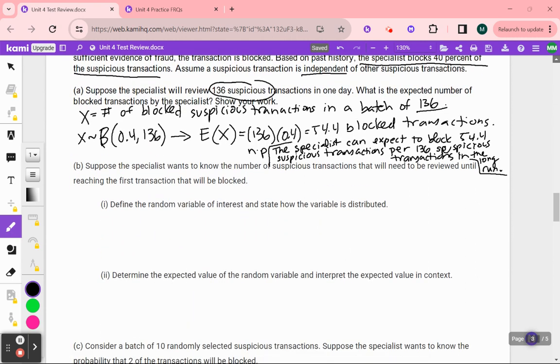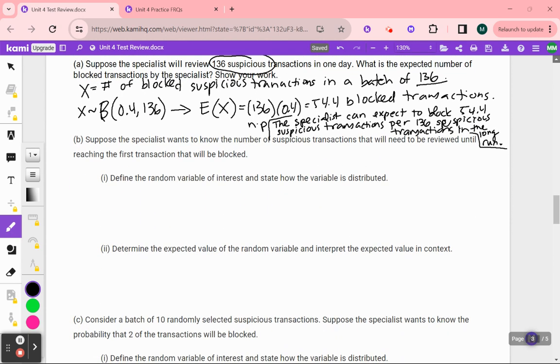Next problem. Part B. Suppose the specialist wants to know the number of suspicious transactions that will need to be reviewed until reaching the first transaction that will be blocked. I see the word until, and I see that it's number of, so this is going to be geometric. So let me define this random variable.